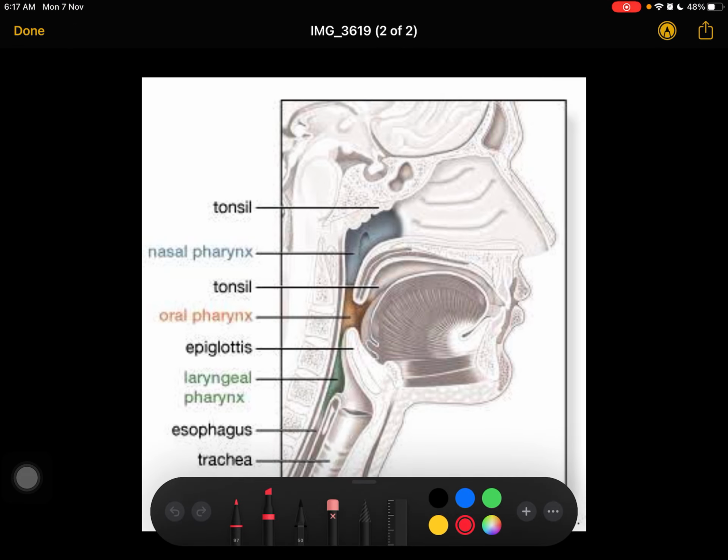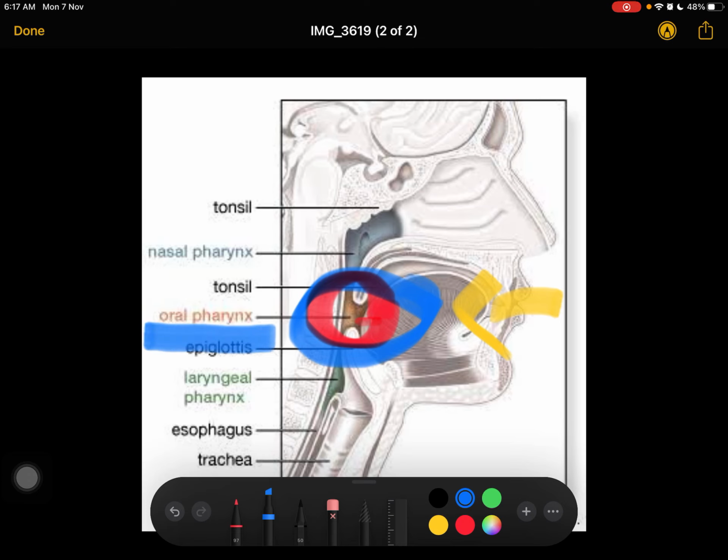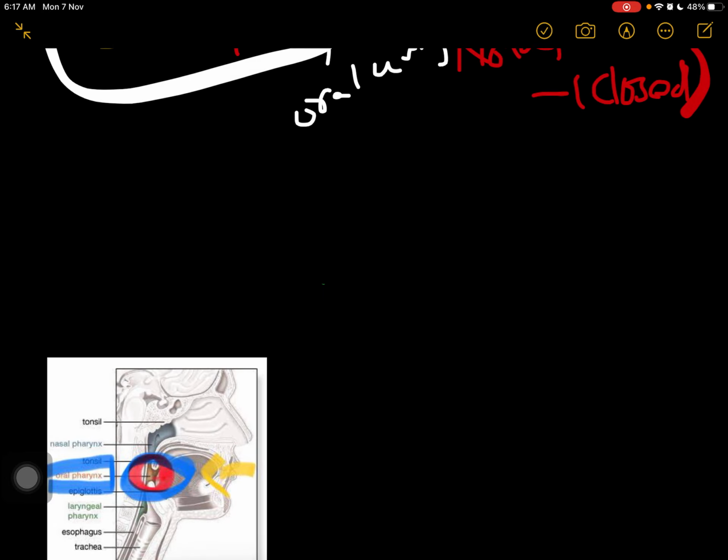This is basically a place from where you eat and drink water, and this is the place from where this food passes inside. This is known as your oropharynx. So I hope this is clear to you.